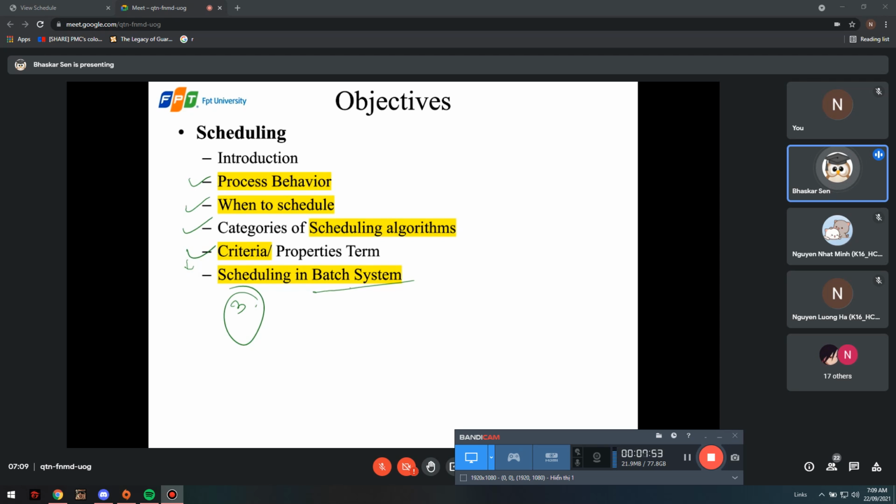As we understand, the algorithms will be different for different platforms, so different kinds of systems. Then in the next part, we'll talk about interactive systems and real-time systems, and a little bit about threads, because threads are primarily not implemented in the kernel.